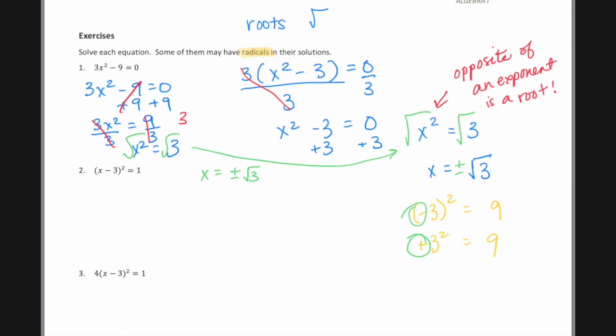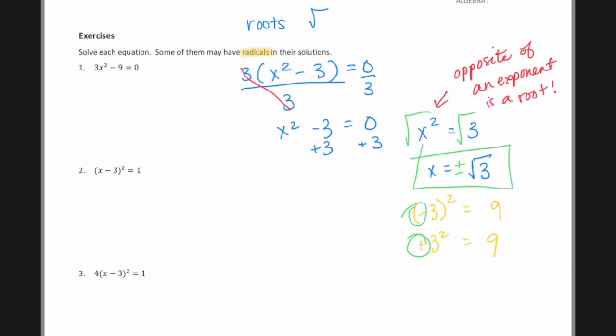Whenever you have these answers, they're hard to check, but if you have a graphing calculator, you can plug the whole equation in and see if it works. Like so. This works for a positive square root of 3, but a negative square root of 3 also works because you're raising the entire group to the exponent. So negative times negative is going to give you a positive, which means you get the same answer.